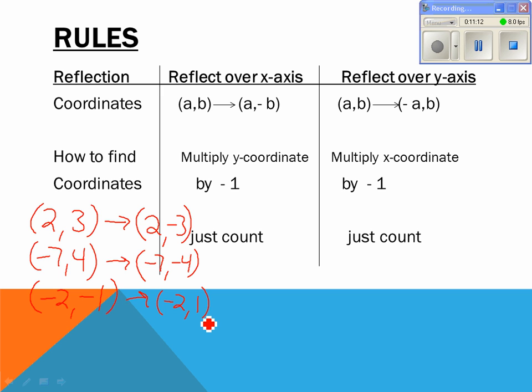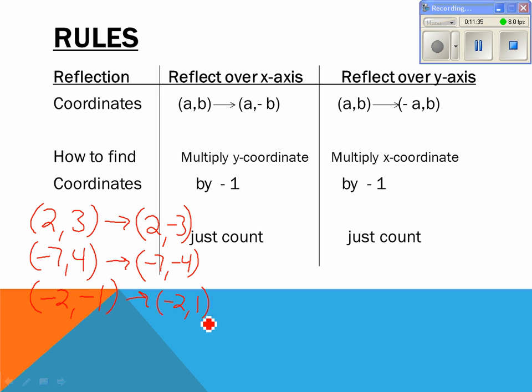If they ask you to find the coordinates of the image, the new shape, did we just find it? Did we have to draw a picture? No. Would it have taken a lot more work to draw a picture and go through all that and then go back and find the coordinates? Yeah. So if you can use this rule, it's going to make things a lot easier a lot of times.